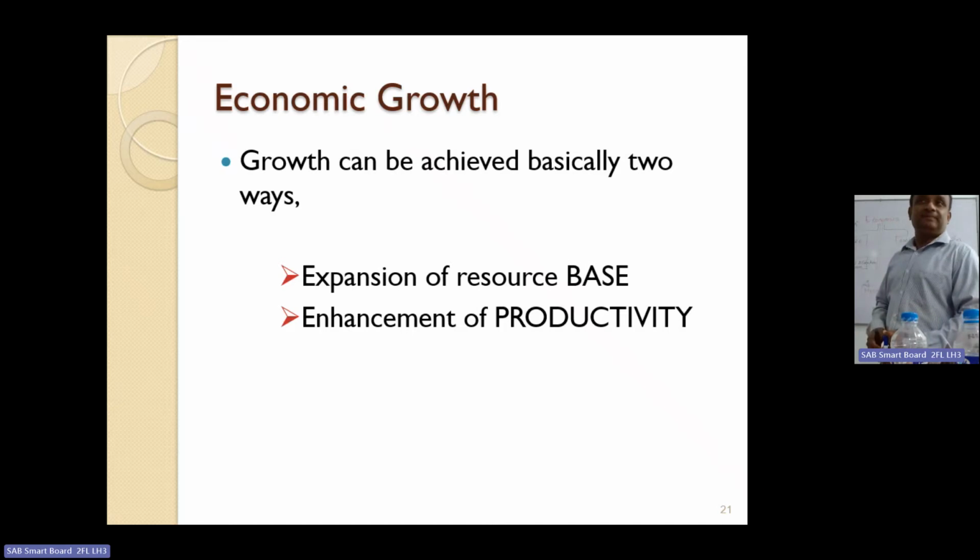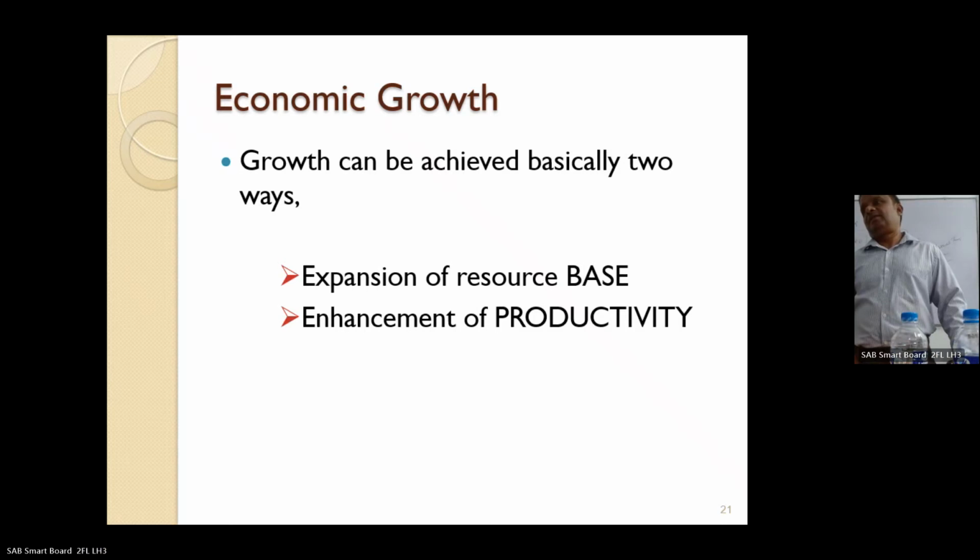And the other one: how can we increase the productivity? From education. Once you educate, it becomes a part of human capital, so you will improve the productivity as well.